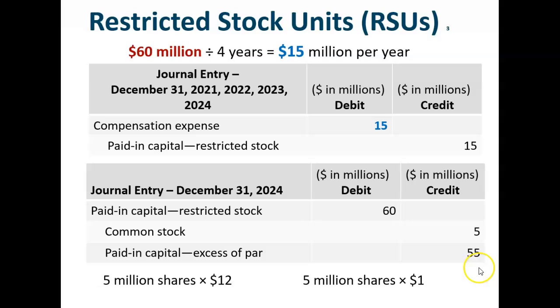And that's where these numbers came from. So the journal entry at the date when the restrictions are lifted and the actual stock itself is issued, we debit paid-in capital restricted stock, $60 million, to get it off the books. We credit common stock, $5 million, and credit paid-in capital in excess of par, $55 million.